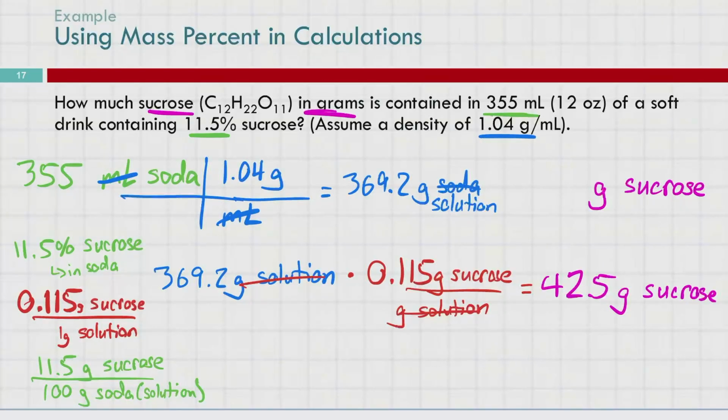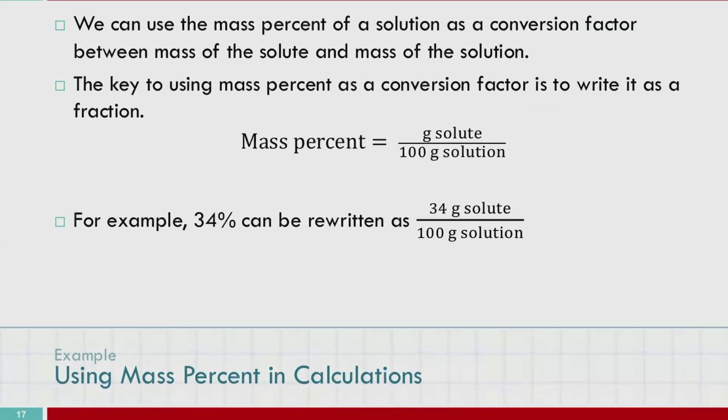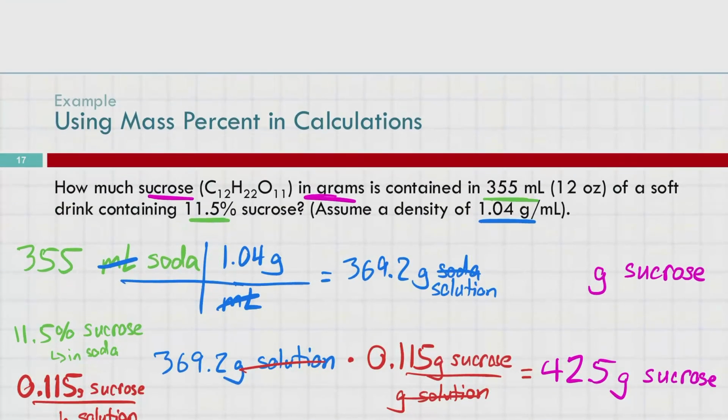The other way, an alternate way that you could possibly do this, mass percent equals grams solute over grams solution times 100%. You could solve for the grams of solute. So 11.5 is our percent equals grams solute over grams solution times 100%. You plug in your grams of solution, which was 369.2.